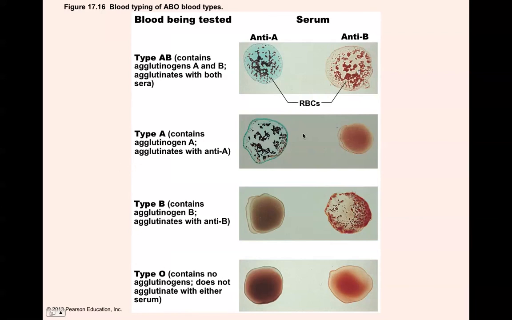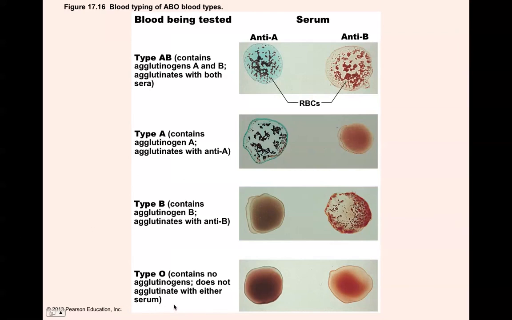Type A indicates this person is type A. When you put the anti-A, these will clump. But if you put anti-B, it won't clump because this person is type A. And just the opposite with type B. If you put the anti-A sera on, nothing happens because this person has only the B markers. And you put anti-B, you will see clumping.